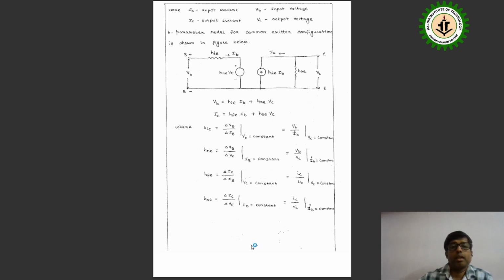The equations obviously will be: VB will be hie times IB plus hre times VC, and IC will be hfe times IB plus hoe times VC. Like that we can represent these four parameters hie, hre, hfe and hoe, in the same manner as previously. That is very easy.